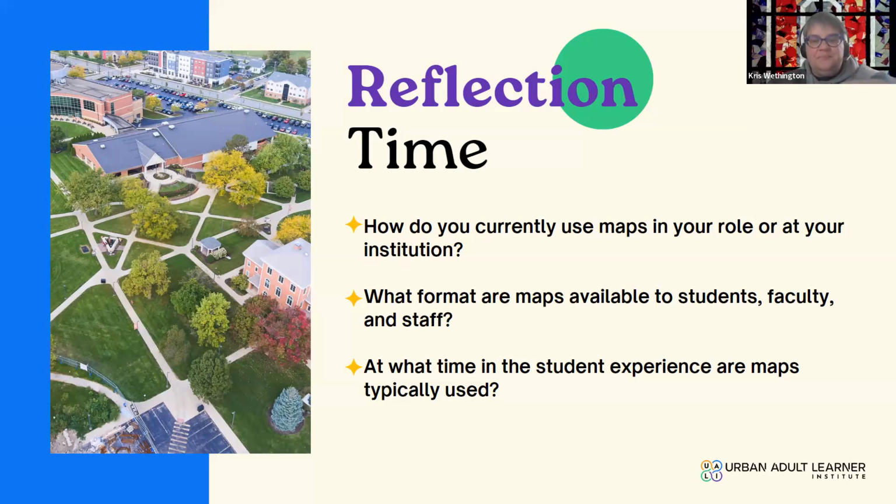At Ohio State, honestly, I'm not even sure if we have printed maps anymore. We have an app that is built and maintained locally. It's a smartphone app where you can plug in the building you want to go to and it'll give you walking directions.